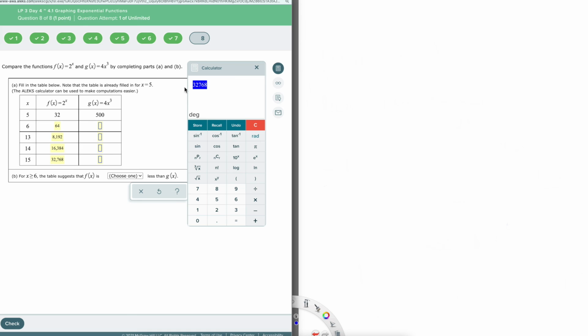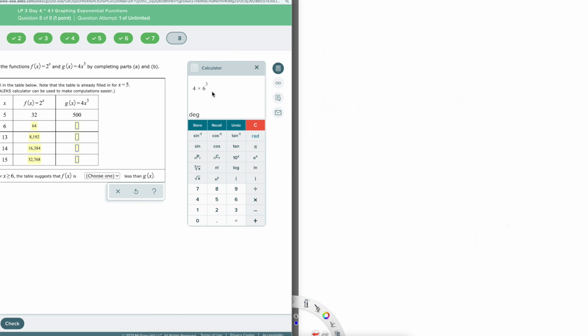So we have 4 times 6, and that's going to be to the 3rd power always. So what we're going to be changing is that 6 each time. So with this one we have 864. So instead of 6 for this one, I'm going to go 13.